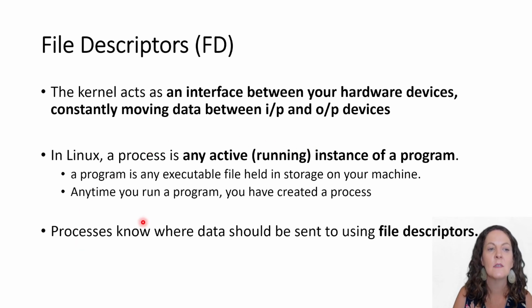So processes know where data should be sent by their file descriptors. It understands where the data should go because we're using the file descriptors. Your processes will know all of these file descriptors hold the information that's going to help our operating system to work with these processes.